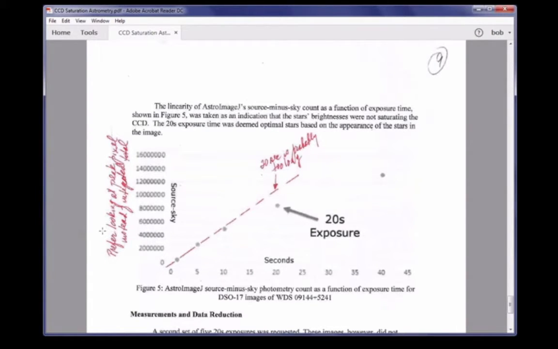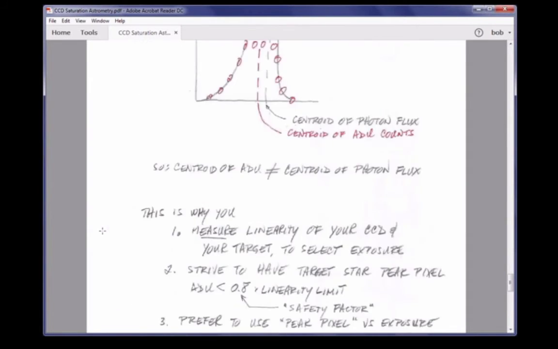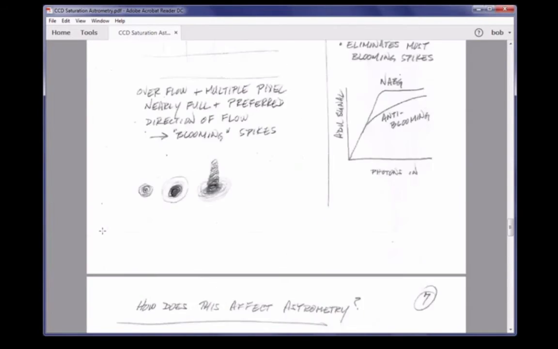Once you know the linearity range, like from this project, if we go back and we do the multiple exposures, and we have it for these stars in this telescope, would we be able to use that for a different set of stars that have different brightnesses? No, absolutely, yes. Let me scroll back.